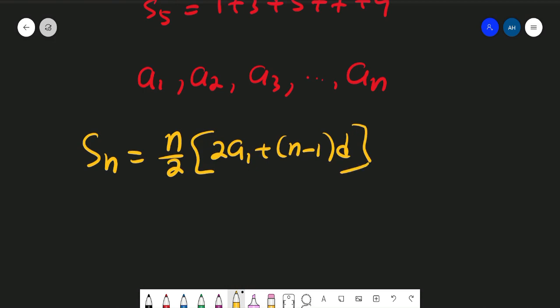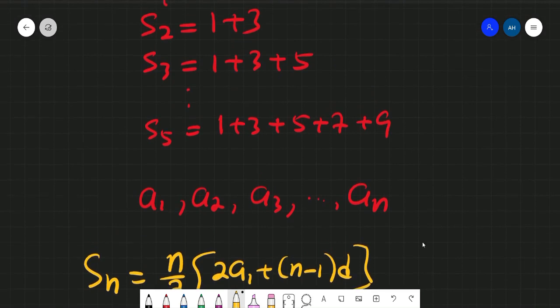This is the formula to find the partial sum up to the nth term. Remember, a1 is the first term, d is the common difference, and n is the number of terms in the sequence.